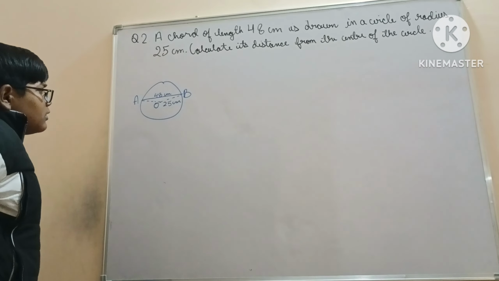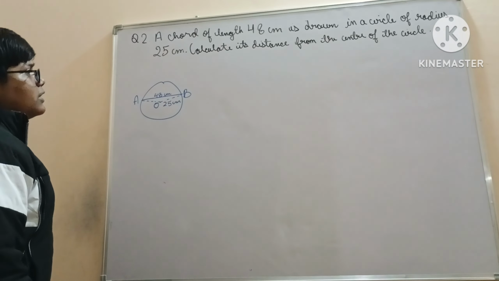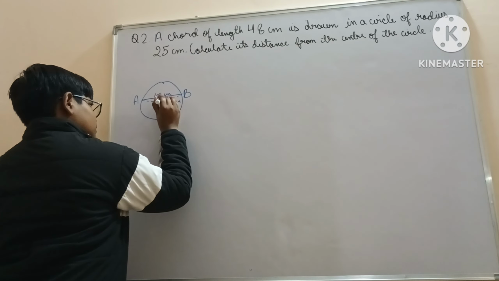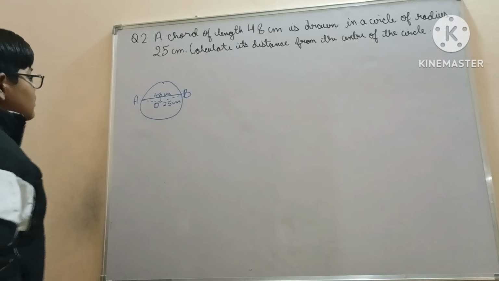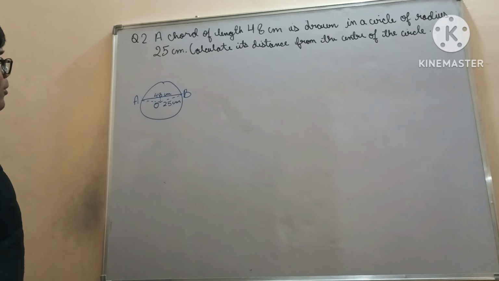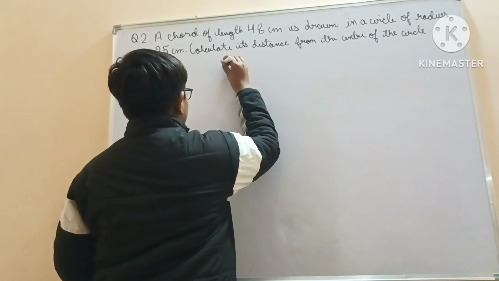Now we have to find the distance from the center of the circle. So we have to find this. This is the distance from the center of the circle. So by Pythagoras theorem we will find it in a triangle.